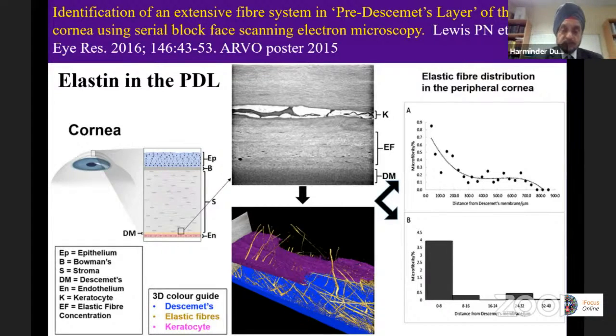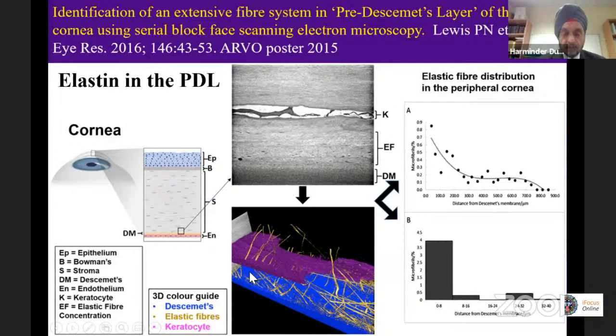Then that brings me to this very interesting and intriguing second part, which is the elastin, Keith Meek's group again. They've worked a lot on the corneal architecture and stroma. This is a poster where they showed, and this is what made them acknowledge their own research, that this layer is there. Because what they've said is that the Pre-Descemet's layer has more elastin.